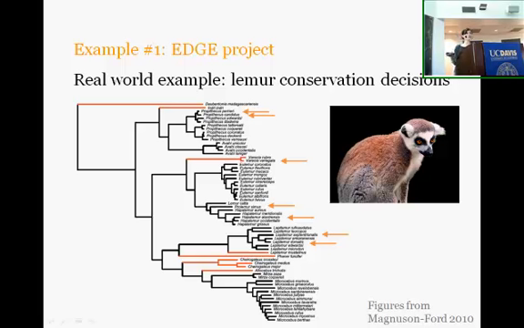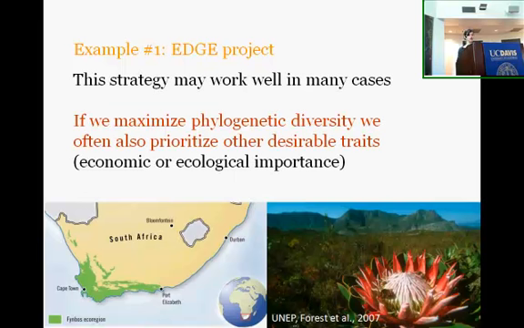And so my point here is to show that different conservation priorities lead to very different outcomes. It's really different if we decide to prioritize the species with the red branches or the species with the orange arrows. We're going to end up with a very different set of lemurs left going into the next century.